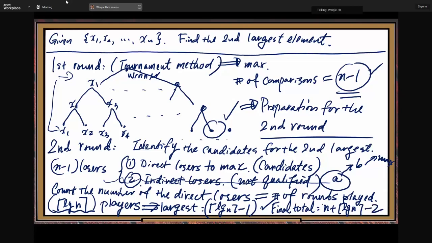The final formula is n plus the ceiling of log base 2 of n, then minus 2, for the second largest element. If you need to find the second smallest, the same formula applies.